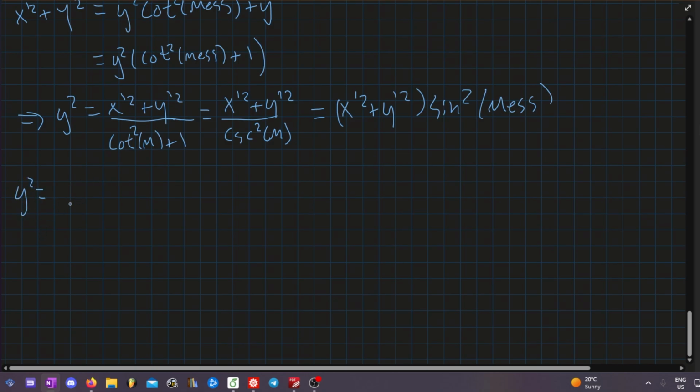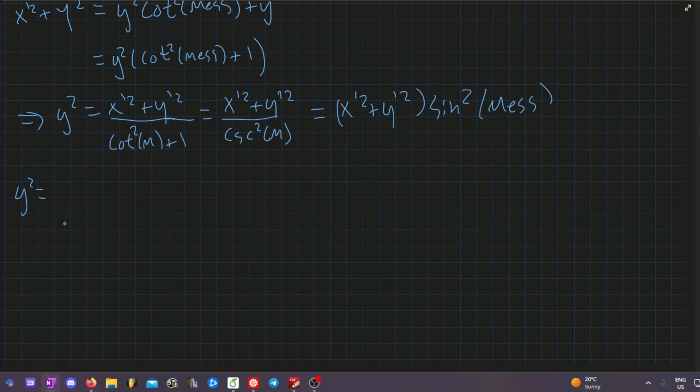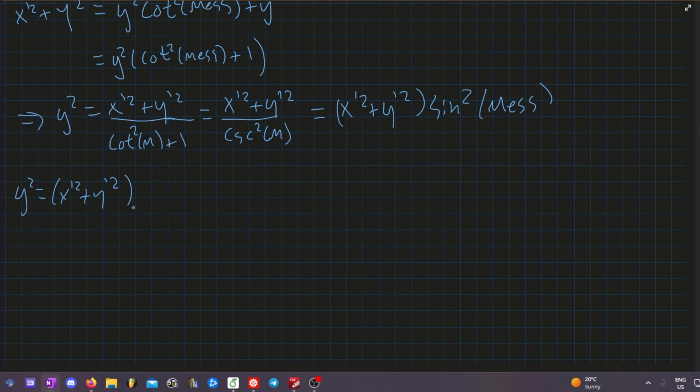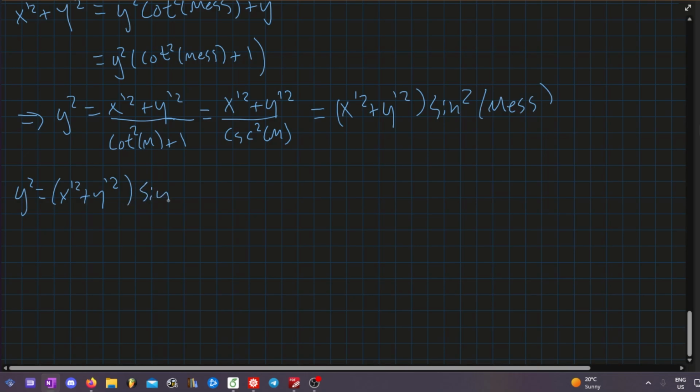We'll say y squared is, let's see, x prime squared plus y prime squared. Actually, let's put this square like this.